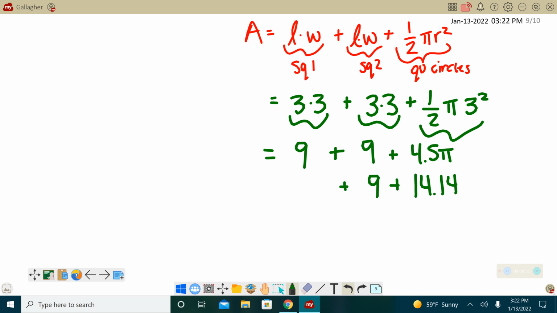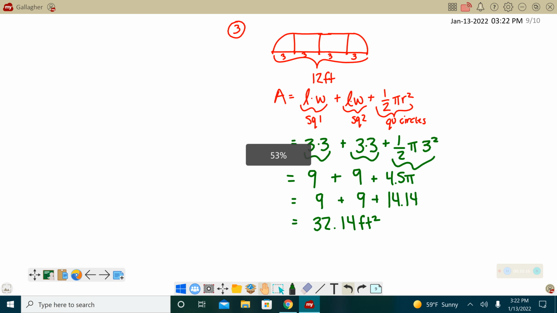Okay, so then we're going to add all 3 of those together, and we end up with 32.137, but the 7 tells us to round up, so we got 32.14 feet squared, because this is an area measurement. All right, and there is number 3.